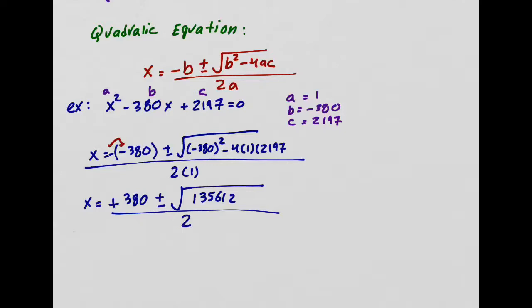And then if I do 380 divided by 2, I get 190 plus or minus 184. Okay? So the 190 was 380 divided by 2. So far so good? Okay. So the x is going to be 190 plus or minus 184.